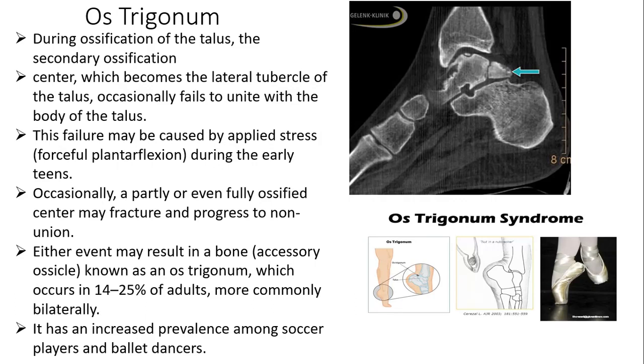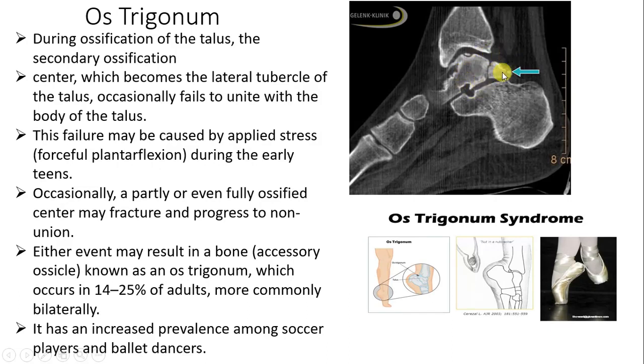Os trigonum. In this diagram, you are seeing the calcaneum, the lower end of the tibia, and the talus. If you see the posterior end of the talus, here is a small bone which is separate from the main bone. Why is this so? This can be normal, this can be abnormal.